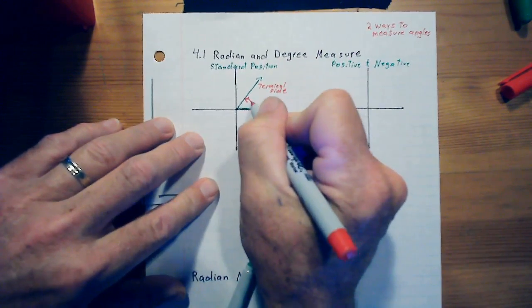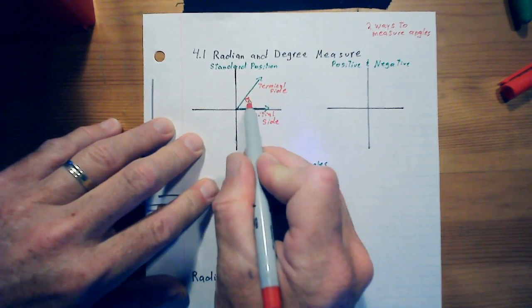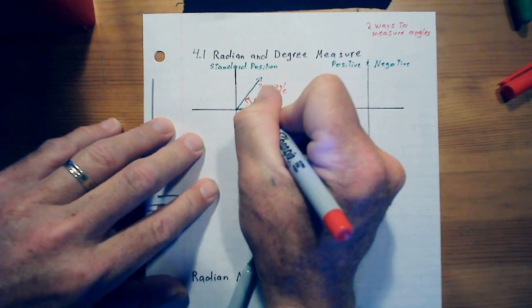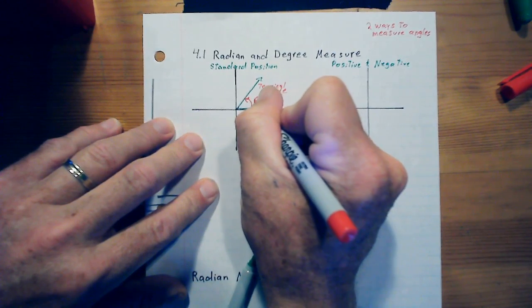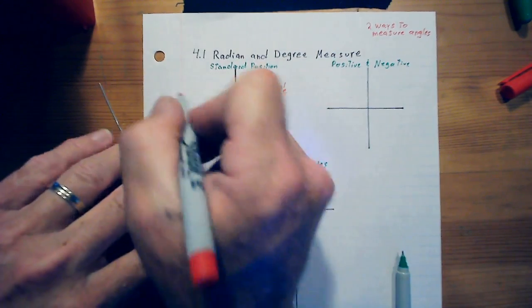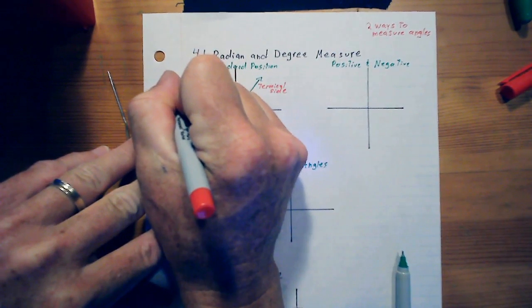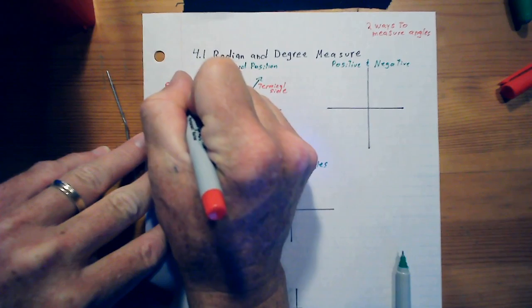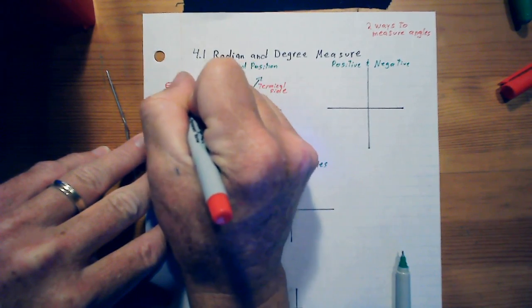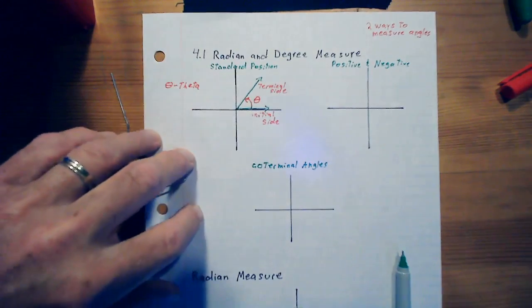We're going to label this angle that's created, this angle with those two sides, with this symbol here, and that is theta. So let me just write that down. That is theta. And that's just an angle.